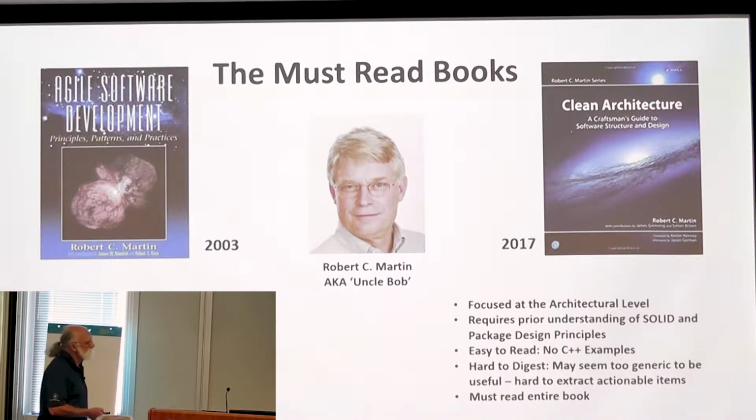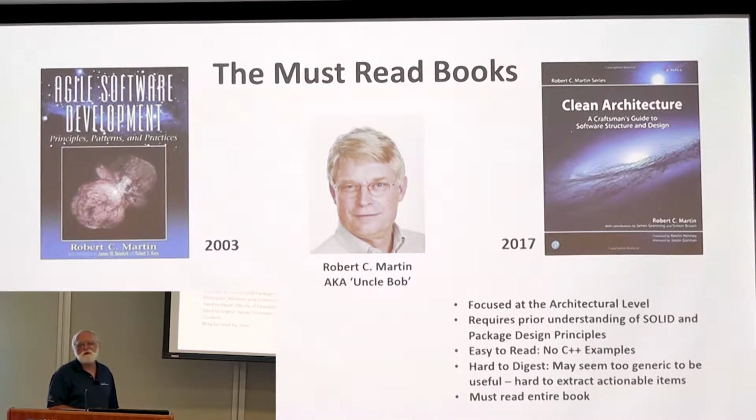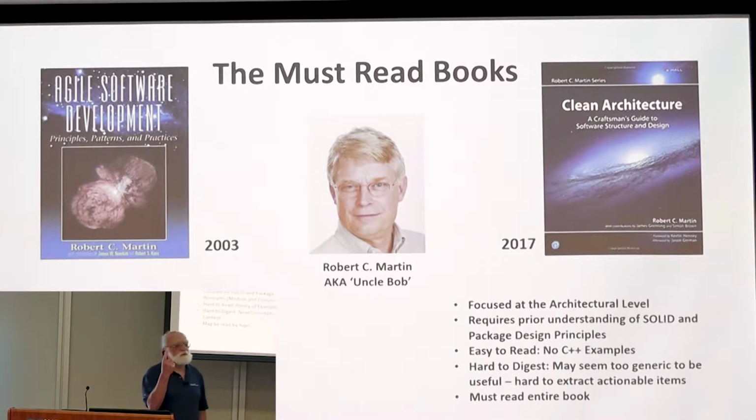The second book is focused on the architectural layer. It requires prior understanding of solid and packaging principles, so you need to read this book first. It is very easy to read because it has 0 C++ examples. There's only one example with PDP assembler, but you don't have to read it. And it is hard to digest because, in my opinion, the text is so generic that it's very hard to extract actionable items you can use on your project.